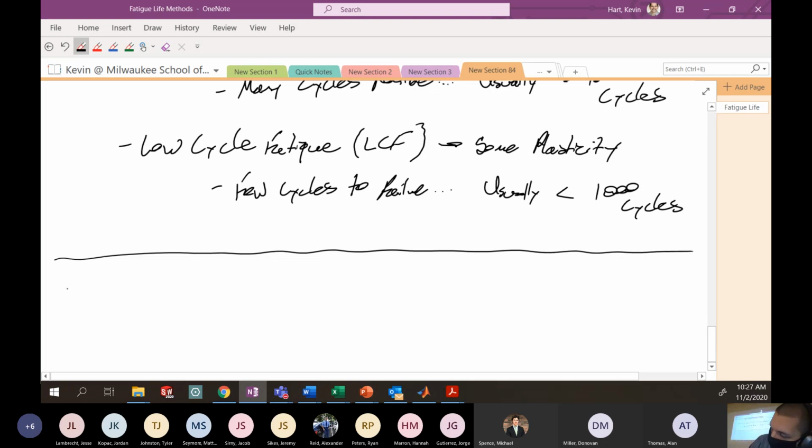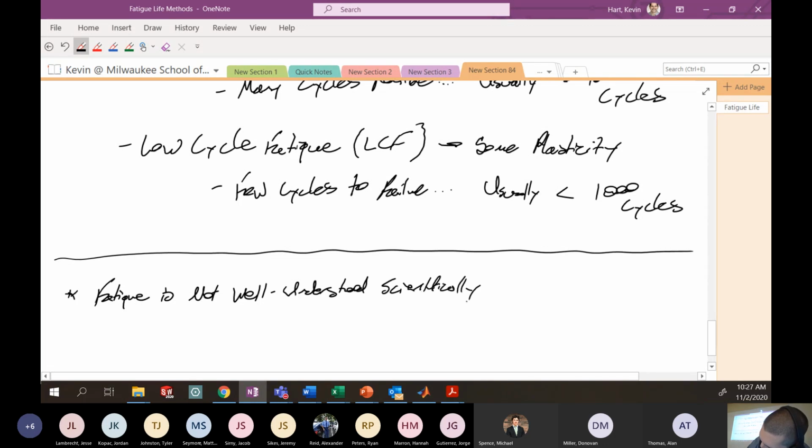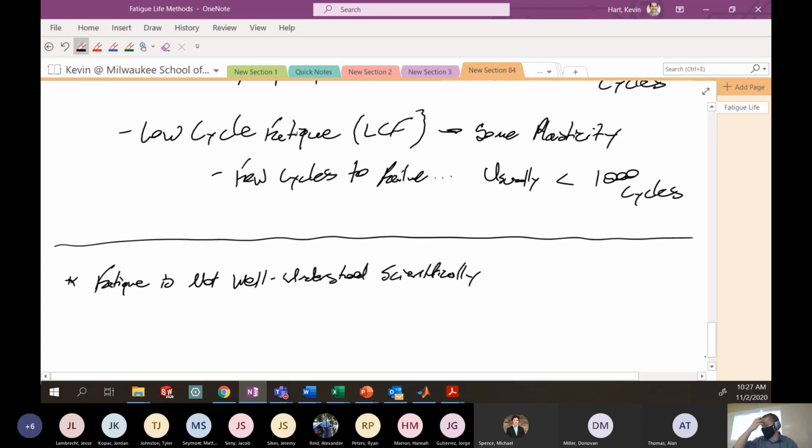Okay, so like I mentioned before, fatigue is not well understood scientifically. Not as well as some of the other topics we've talked about, like the elastic modulus.